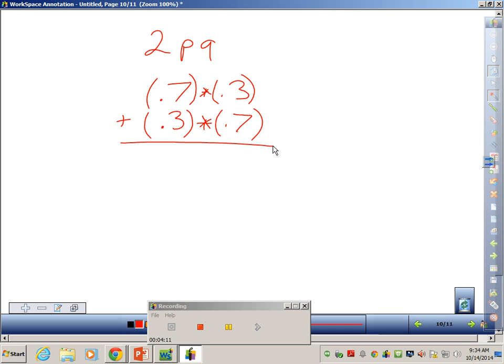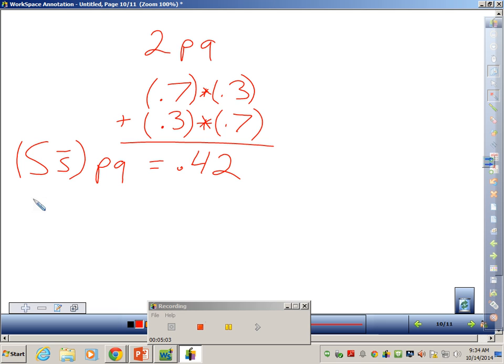So that's 0.42. Yes, you could do it the other way too. I'm just showing you that this is PQ or QP. That's why you have to multiply it by 2. So 0.42 is the number of individuals that are big S, little s in a population.